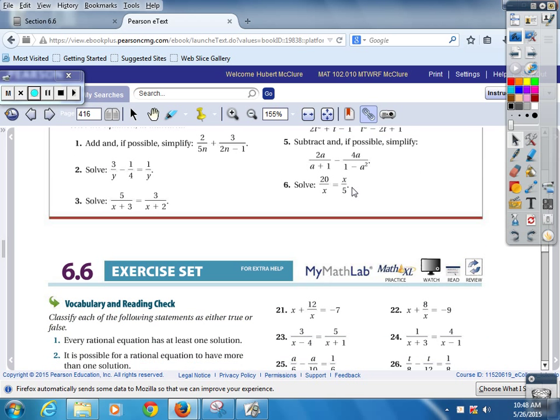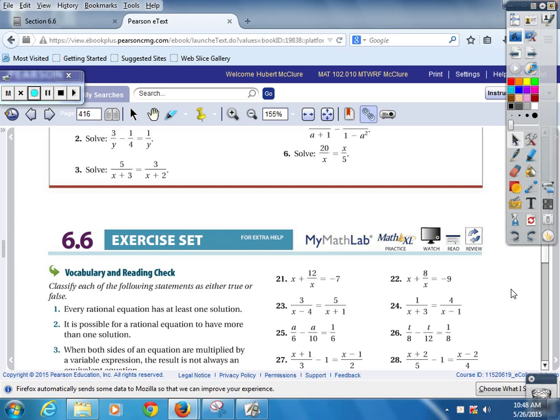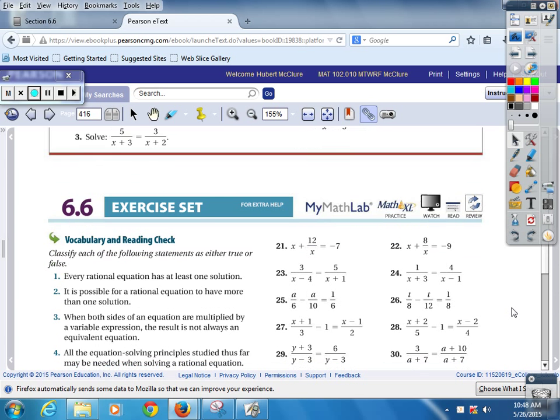God, they don't give you many examples, do they? Let's start off simple.